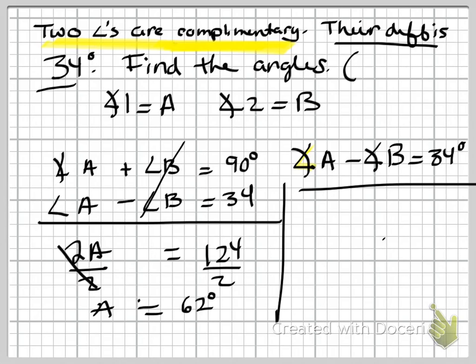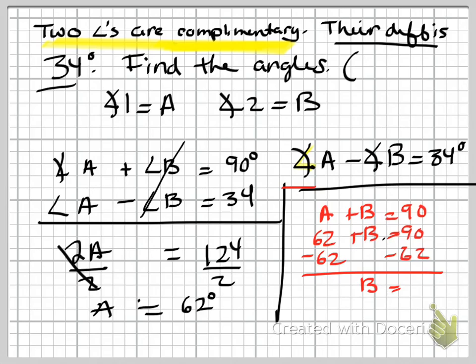Olin, are you with me? Okay. Evan, what am I doing next? I think you do 90 minus 62. How about use either original equation? Which one do you want to use? Use angle A plus angle B because there's no negative. Good. And then I do angle A is 62 plus B equals 90. Subtract 62.